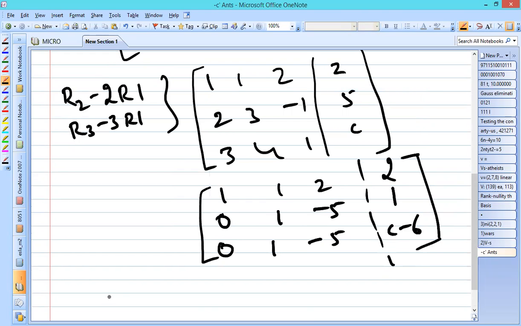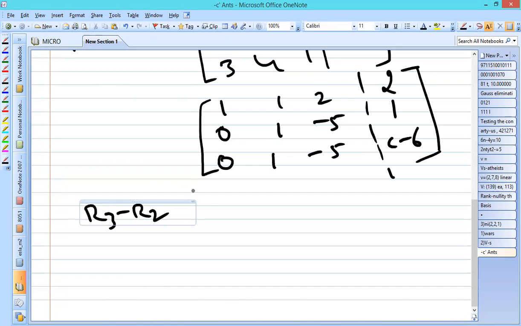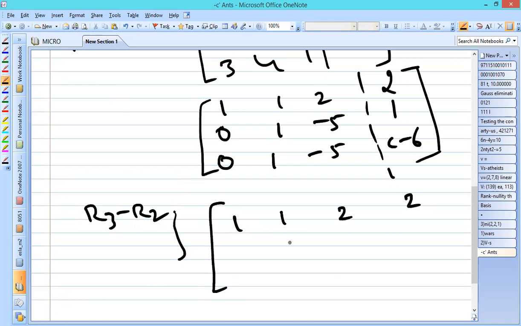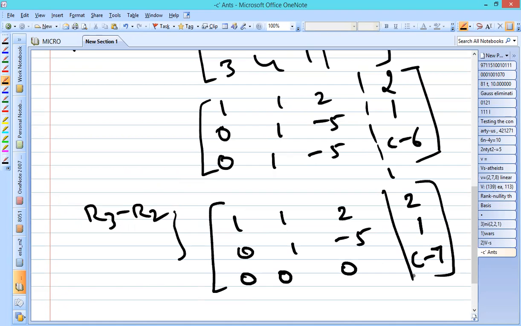And on this, perform R3 minus R2. The third row elements reduce to 0. So it results in 1, 1, 2, 2; 0, 1, minus 5, 1; and 0, 0, 0, C minus 7. You'll be resulting in this.